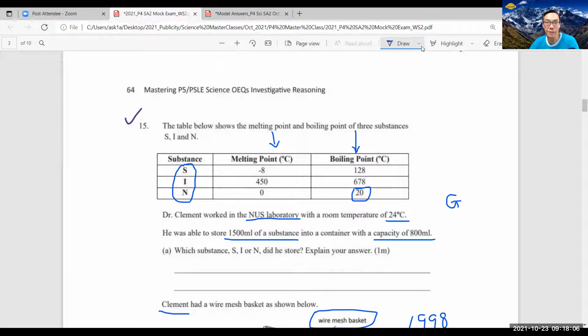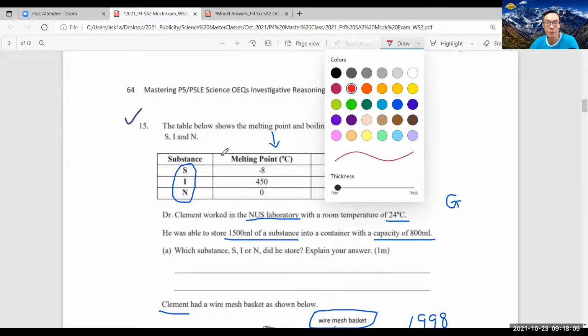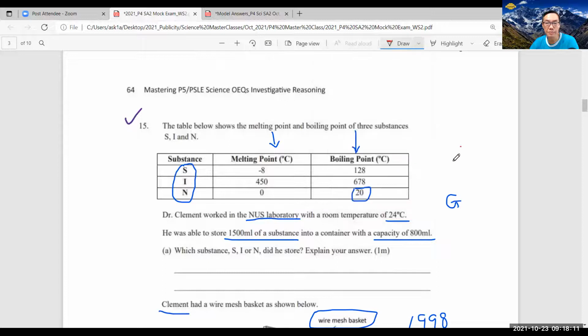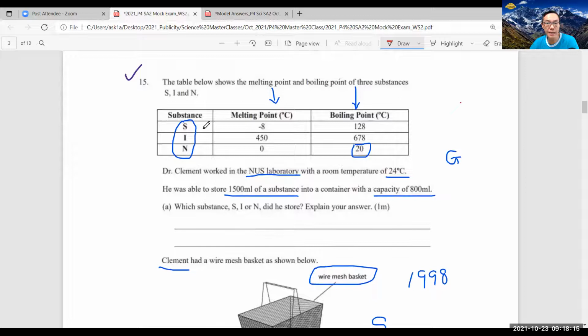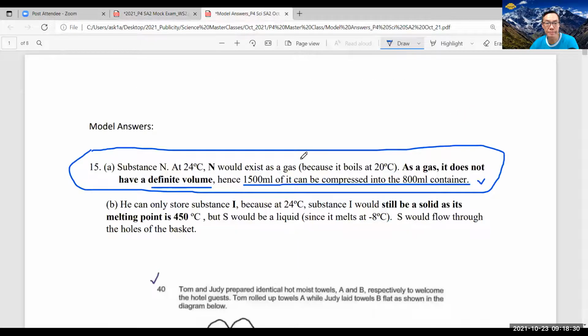Because now they narrow down to 2, you need not look at the 3 of them. They ask you S and I. So look at S and I. Look at the melting point. Can you see this will melt, but this will not, because the temperature is 24 degrees Celsius. So once again, you need to identify substance I, and this is the model answer.